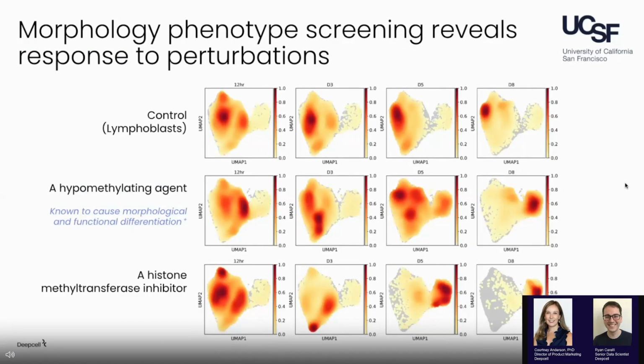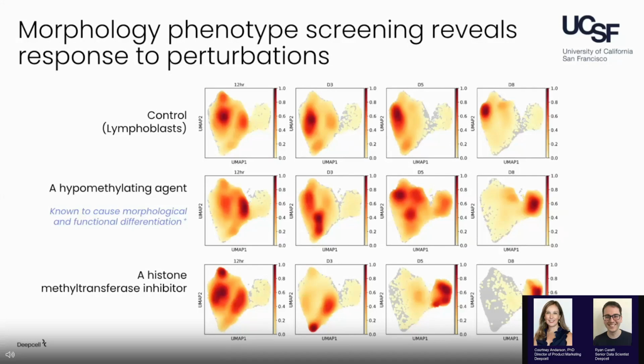Shown here are the results of a time course experiment where these cells were imaged 12 hours, 3 days, 5 days, and 8 days after treatment. We collected a separate time series from controls and treatment with two chemotherapy drugs, a hypomethylating agent and a histone methyltransferase inhibitor.